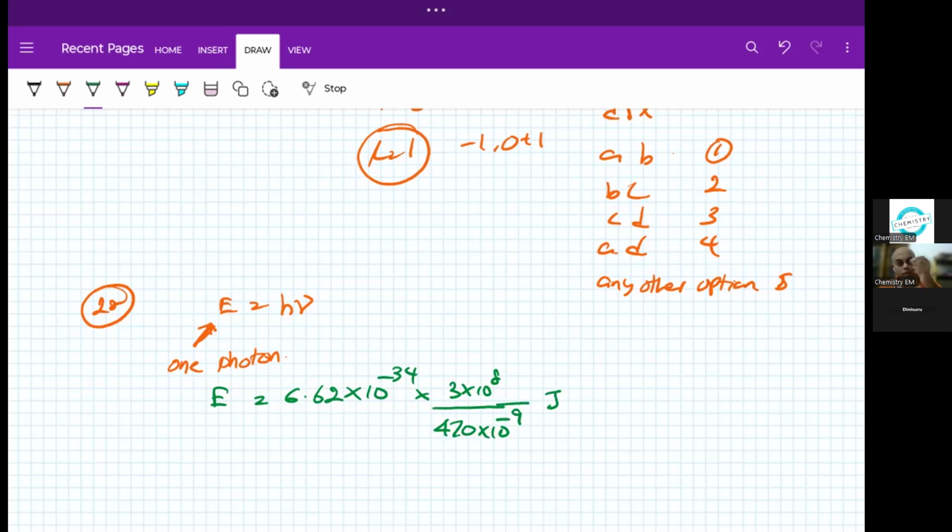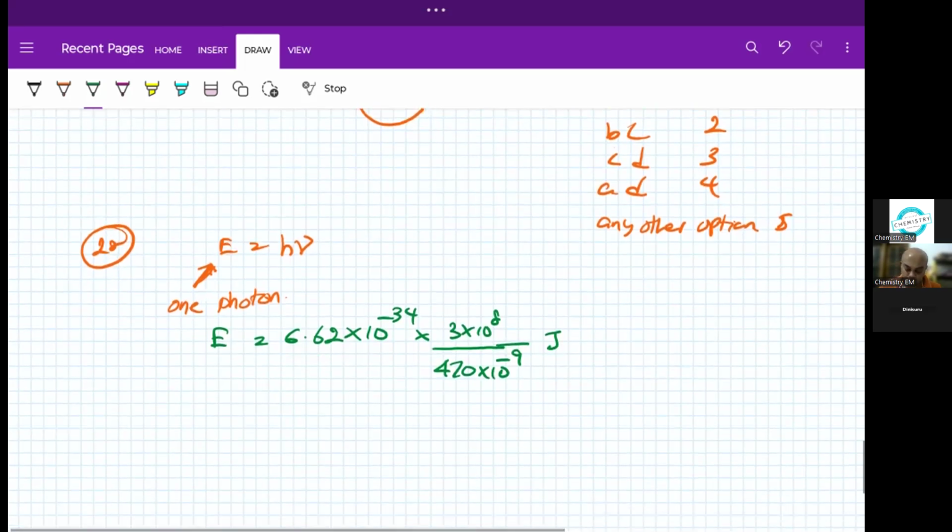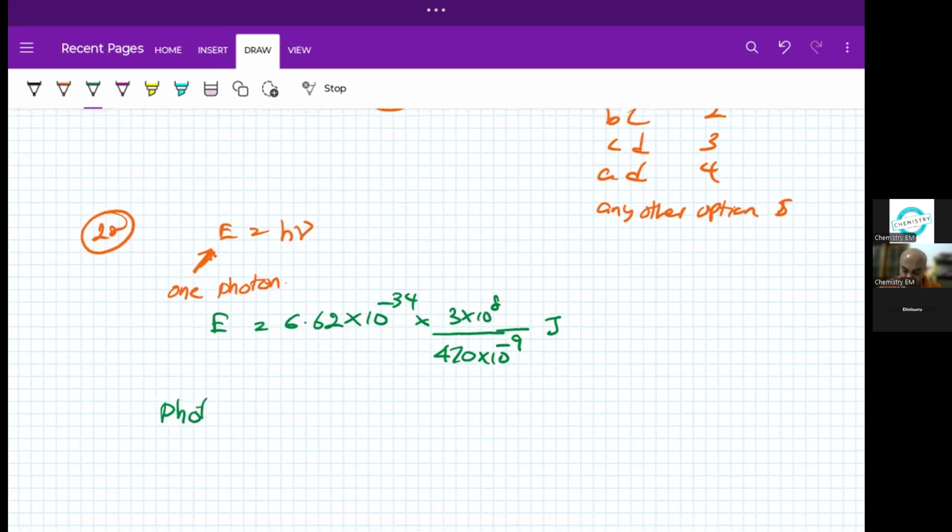So we can calculate for 1 second how many photons it will be generating, because we know energy of one photon and energy generated in 1 second.